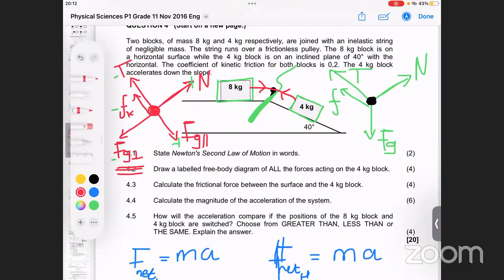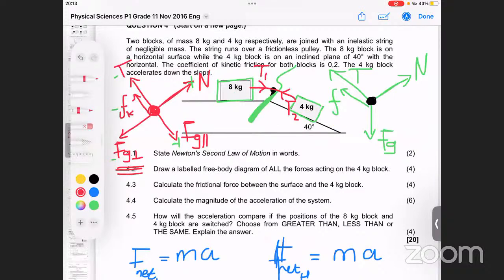It is pulling the 8 kg, but it is pulling the 4 kg. Do you understand that part? This is tension 1 for the 8 kg, and this is tension 2 for the 4 kg. Do you understand those arrows, honorable members? On the 8 kg it is pulling, but on the 4 kg it is also pulling, the same amount of tension, but in opposite directions. Yes, sir.